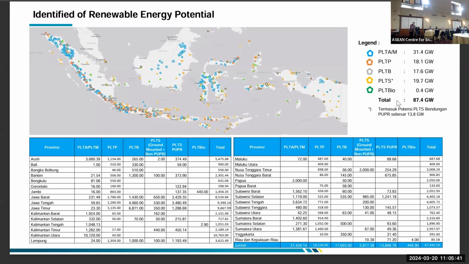The last one, very small, is bio, which can be biomass, biogas, and waste to energy.